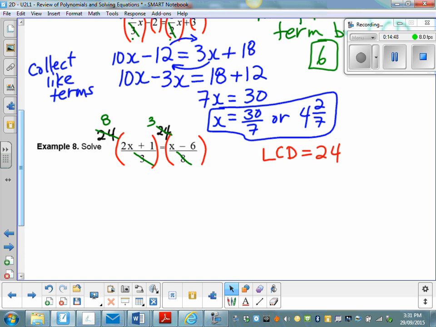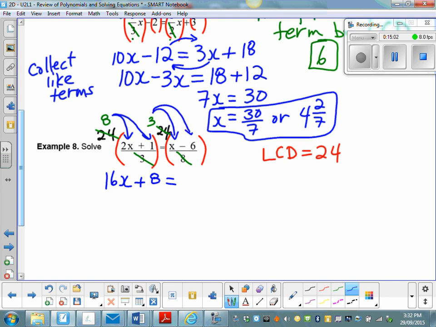Okay. And now the thing we have to be careful of is that this 8 has to multiply by both parts of that numerator. So I'm going to get 16x plus 8 on this side. And on the other side, I'm going to get 3x minus 18. Then I collect like terms.